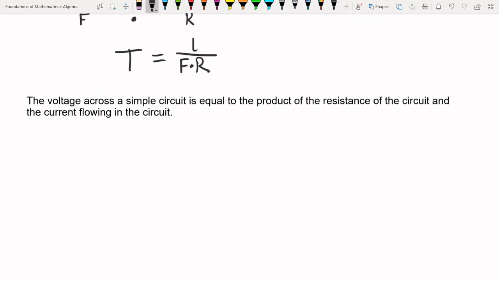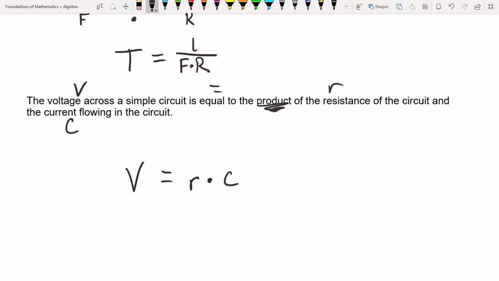All right. The voltage across a simple circuit is equal to the product, again a multiplication, of the resistance, we could say R for resistance, and the current flowing through the circuit. So we have V equals the product of the resistance and the current.